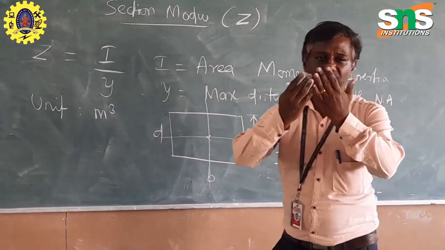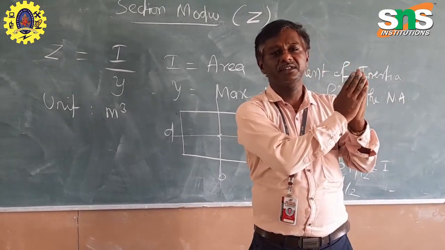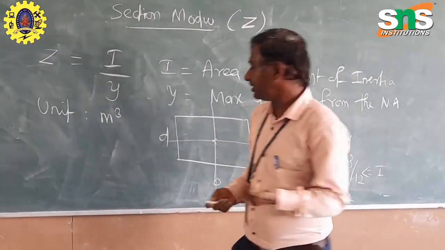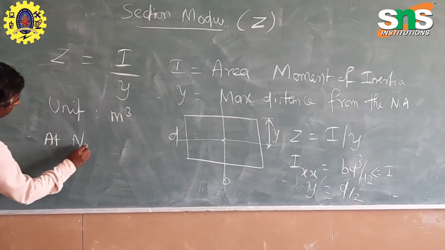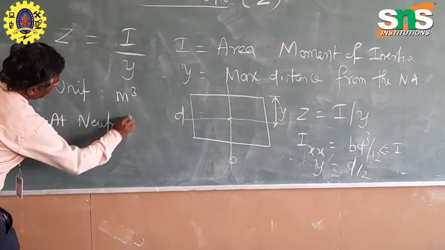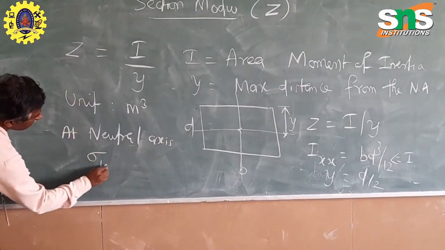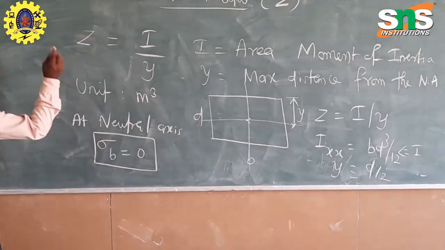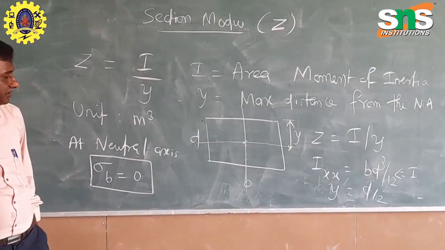At the neutral axis, the bending strain will be equal to 0. So at the neutral axis, the bending strain or bending stress will be equal to 0 for any section.